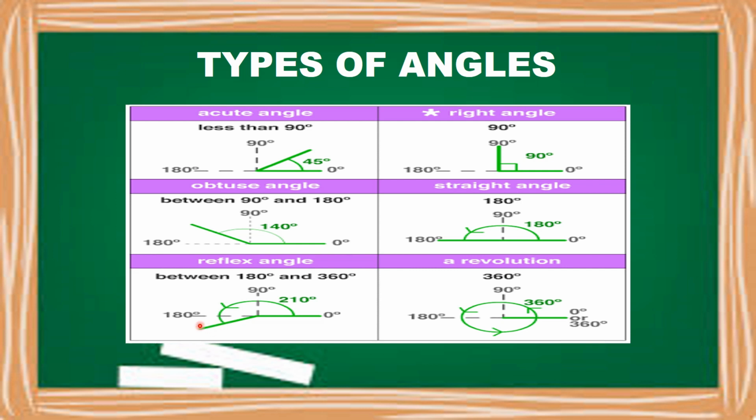As long as it's greater than 180 degrees, so 181 up to 359 is a reflex angle. Then, if one of the sides of the angle rotates in a complete circle, the measure of that angle is 360 degrees. It's a revolution. One revolution is 360 degrees.